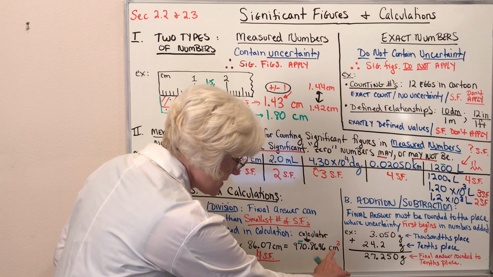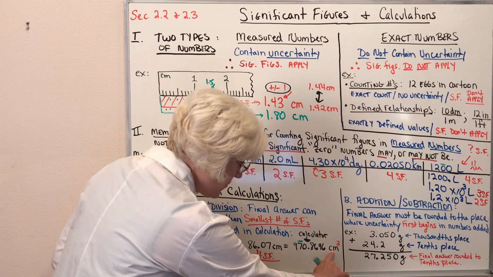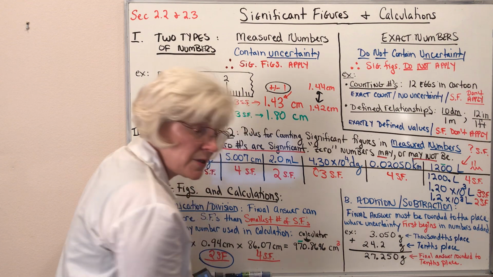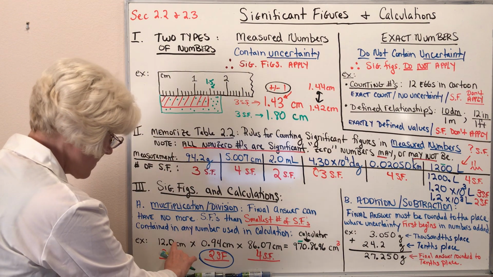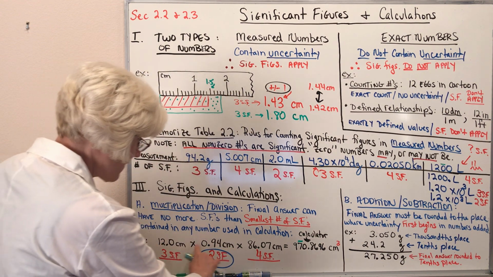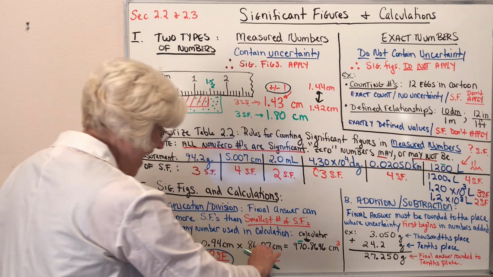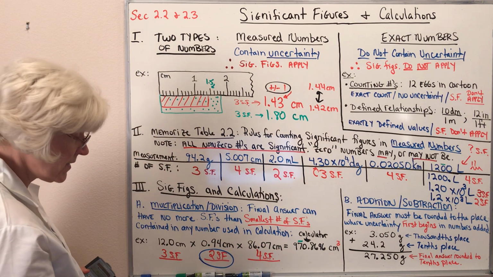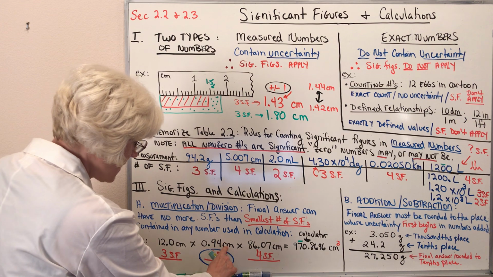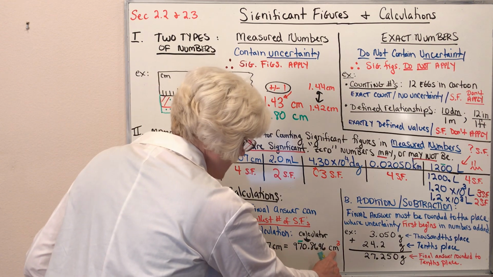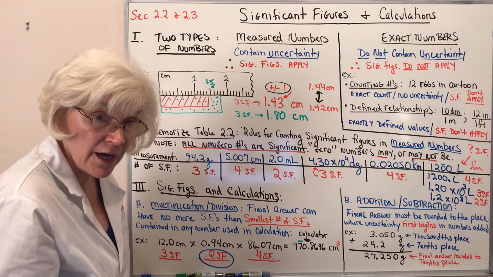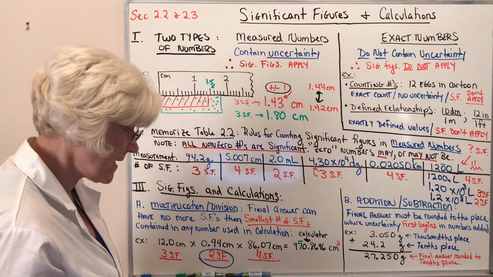By the way, notice the unit. The unit is centimeters cubed, which illustrates dimensional analysis. You have to operate on the number and its corresponding unit. So centimeter times centimeter times centimeter is a centimeter cubed, a cubic centimeter, or cc.